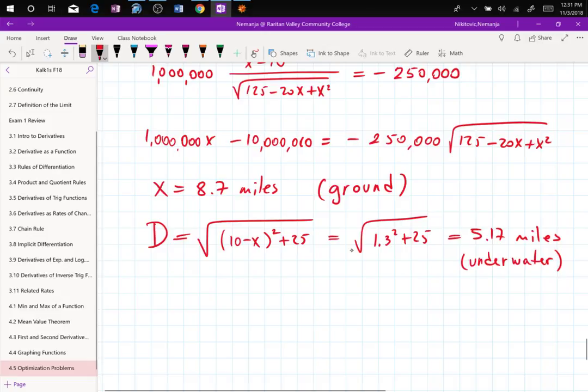Now this guarantees minimum cost. So if I go and I say 8.7 times 250,000 plus, this is immediately 5,170,000, right? Because it was times a million.